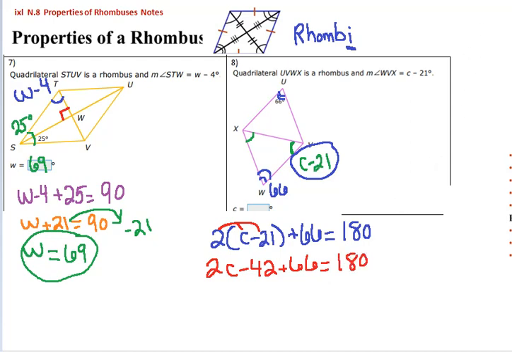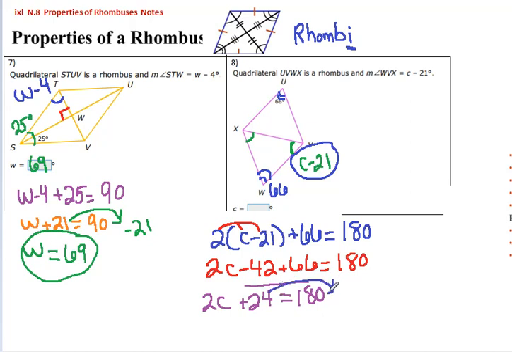Correct? Let's see, we combine these two numbers. So we have 2C plus 24 equals 180 degrees. Okay. We've got to get rid of this one and combine it over here with that one.